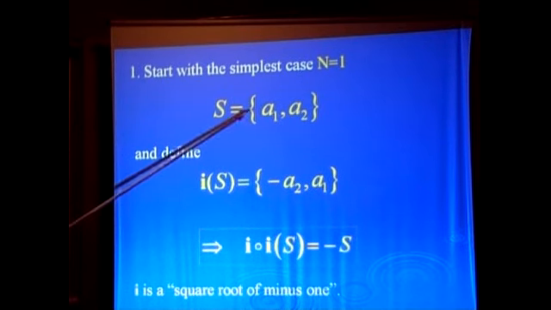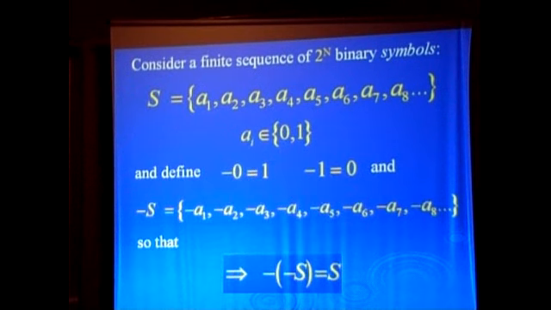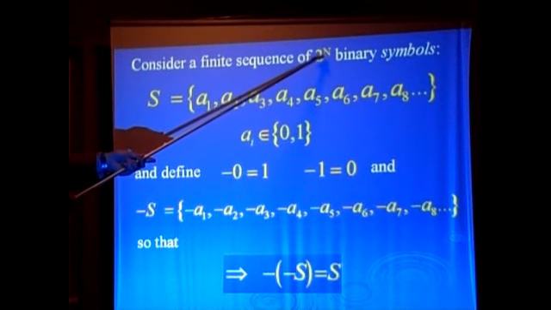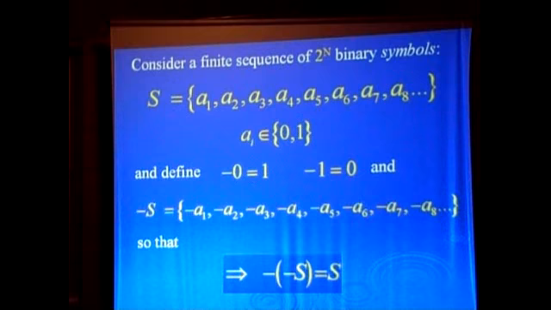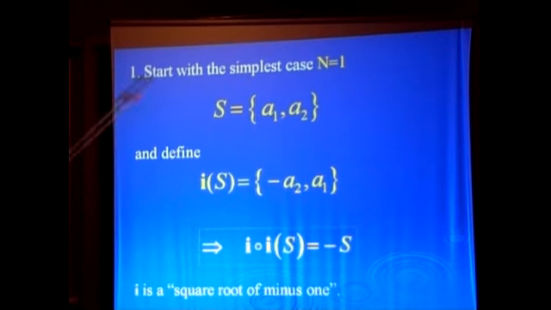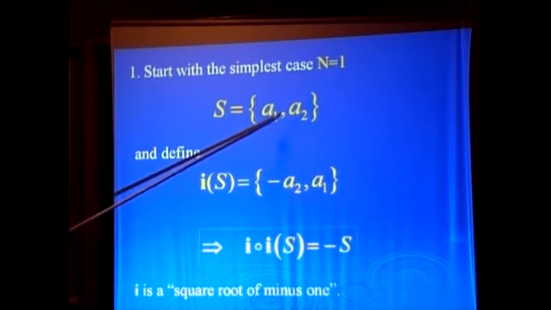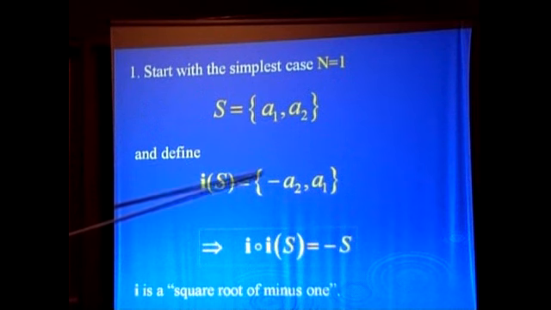Now, I should say I'm considering a symbol sequence which has 2 to the n binary symbols. So n is going to be some very large number, but to start with, let's just consider n equals 1, 2 symbols.